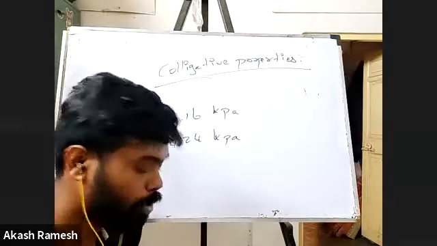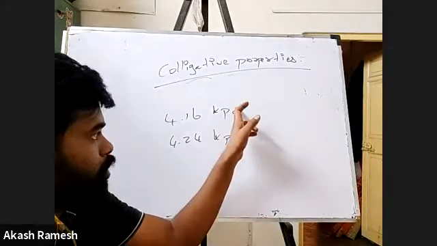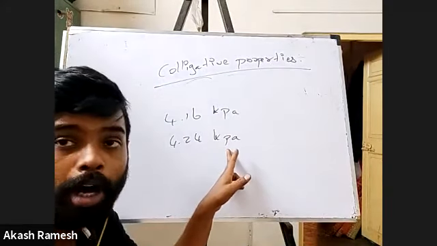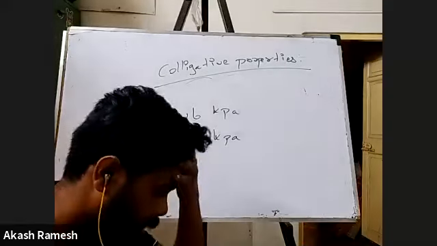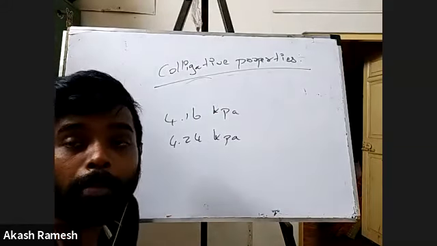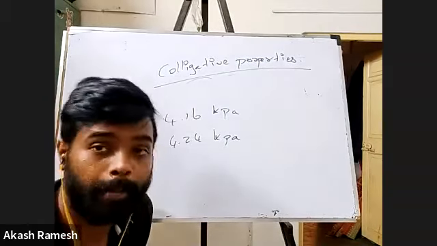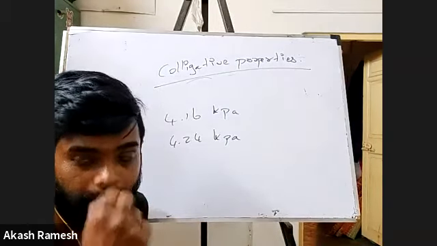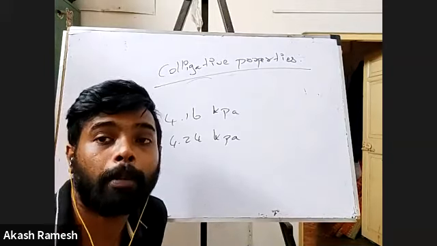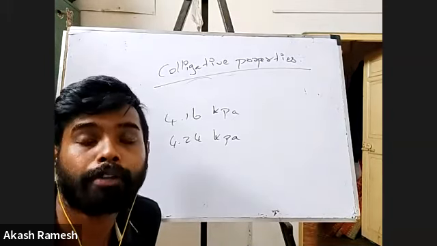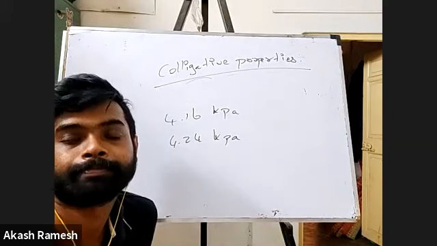This is the vapor pressure of the solution, and this is the vapor pressure of pure water. Now they're asking, what is the molecular mass of the compound? We are mixing 5 grams of the compound, and they're asking you the molecular mass of that compound.